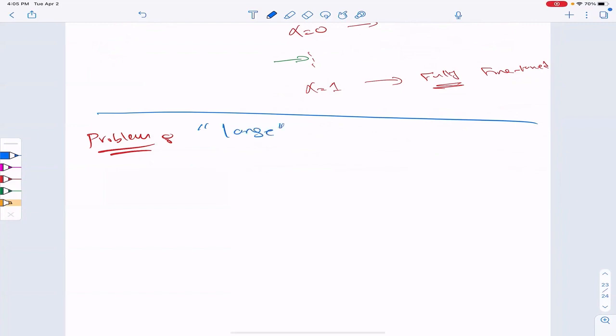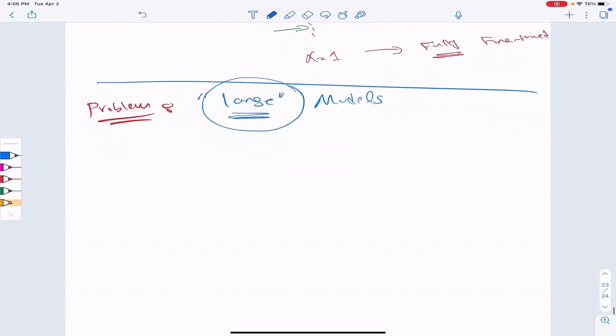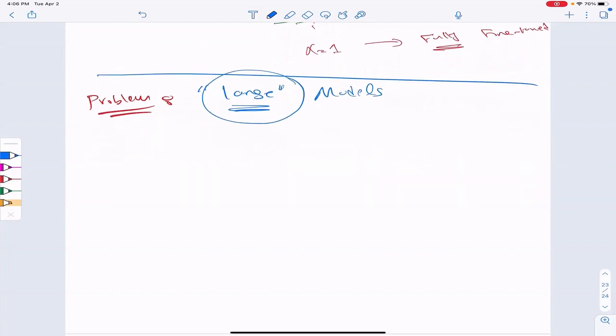Large models, sometimes large model is a feature, saying that, oh, I have a large language model, a large text-to-image model. But in some instances, you may have low memory to store your model. So this will be a bug for you. Let's think a little bit about it.